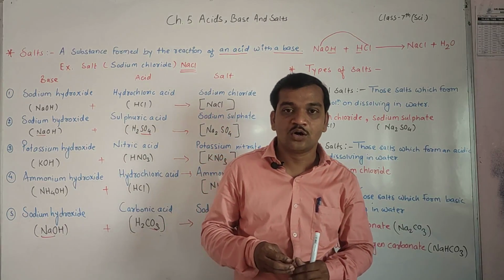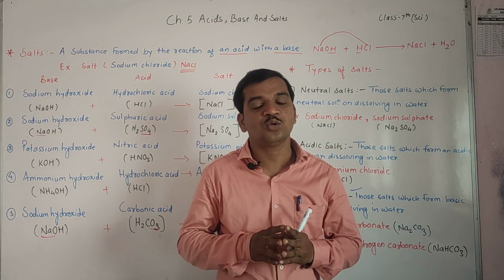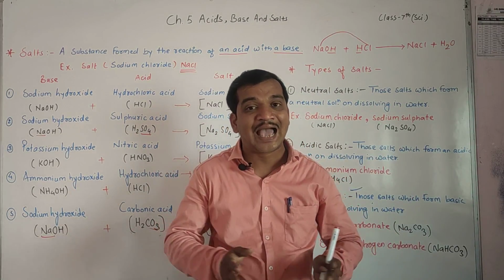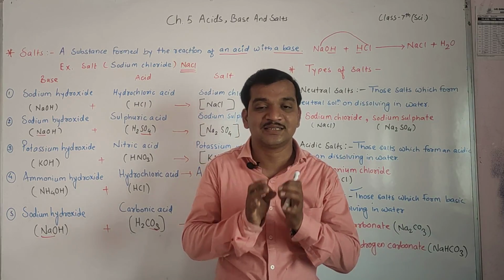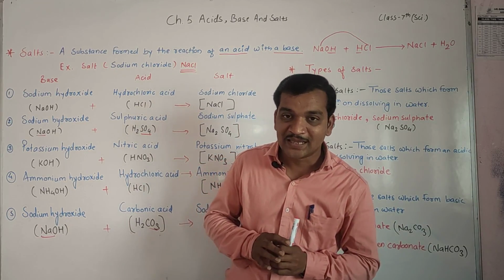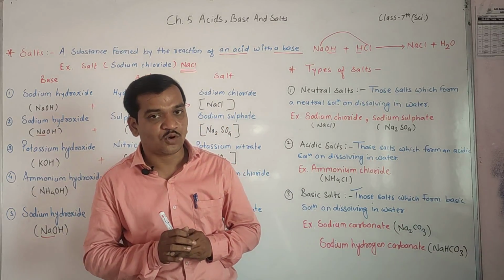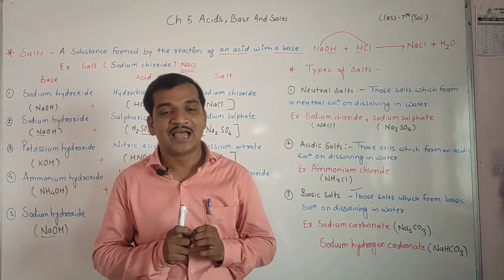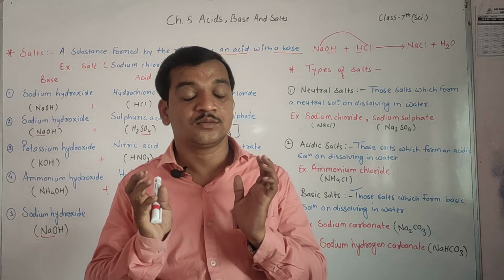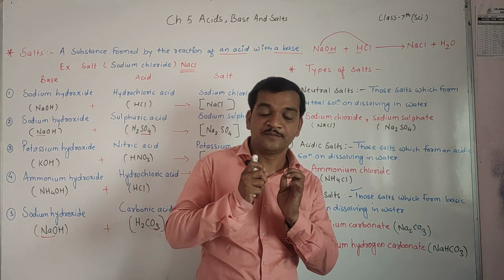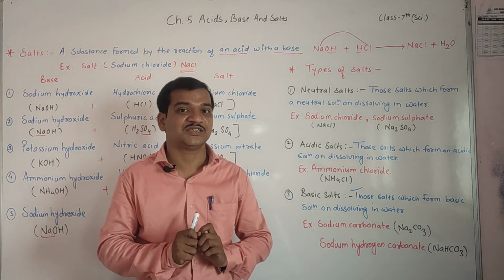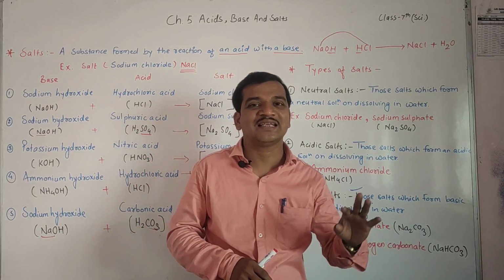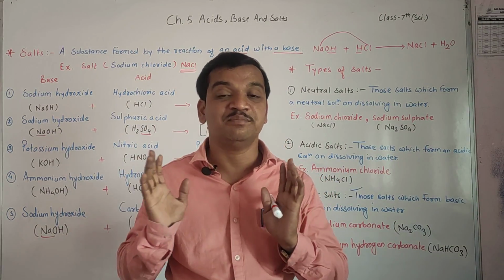कि ऐसे सॉल्ट जब वो वाटर में डिसॉल्व होते हैं तो वो सॉल्यूशन एसिडिक बनता है, उसे हम एसिडिक सॉल्ट्स कहते हैं. एंड these acidic salts are formed by the neutralization of strong acids and weak base.